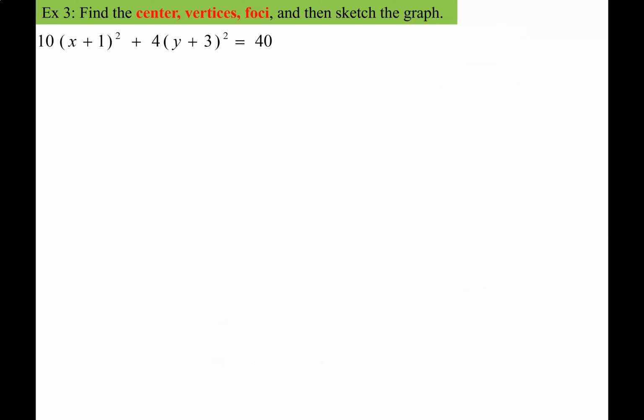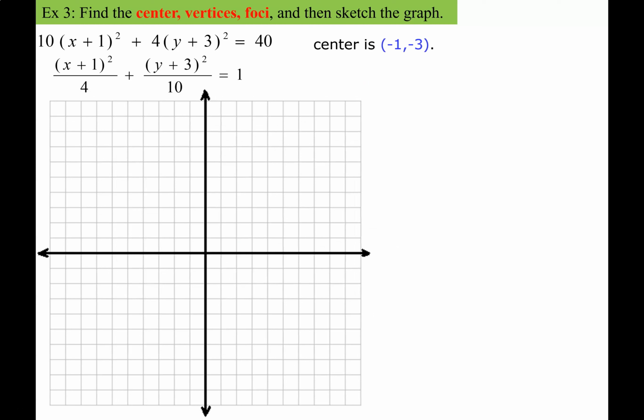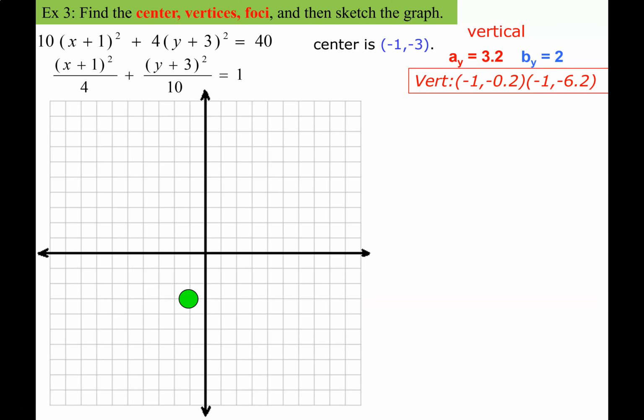All right, let's go ahead and put this all together now. So again, our center is going to be at -1, -3. Still vertical. You have your major vertices. Plot them. Your co-vertices are going to be at -3, -3, and 1, -3. Where's that coming from?